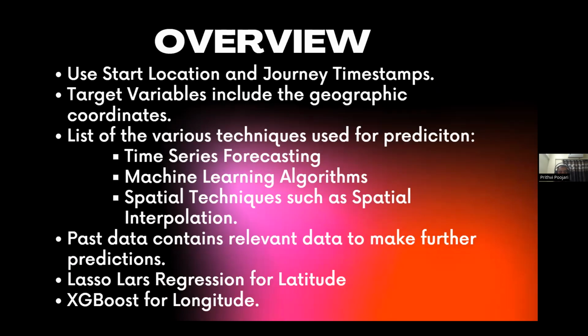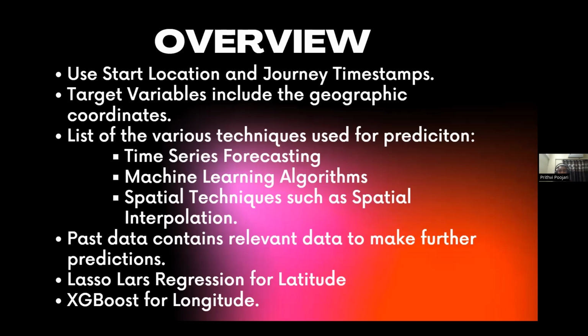For that, we need a data set that can analyze past patterns, such as the latitude start or the longitude start, so that we can predict latitude ending values and longitude ending values. I have also mentioned here that the target variables are geographic coordinates, which basically means that we are targeting the latitude end value and the longitude end value, or the destination values.